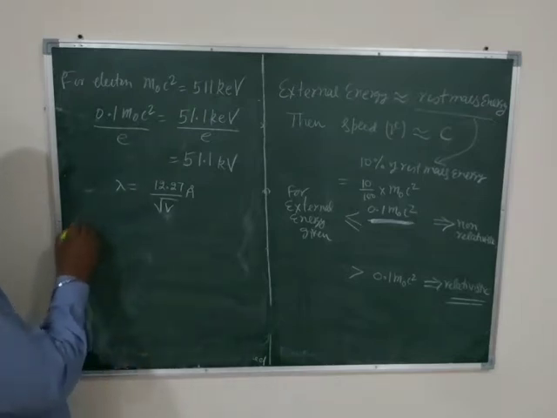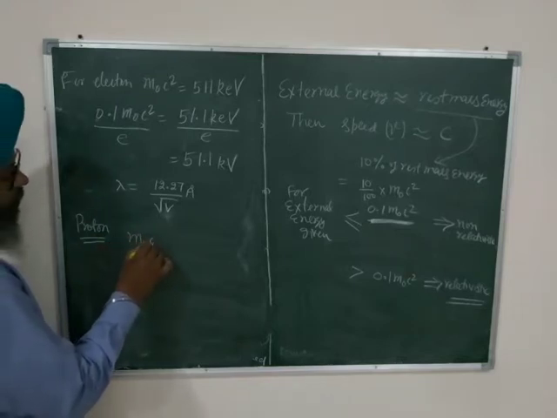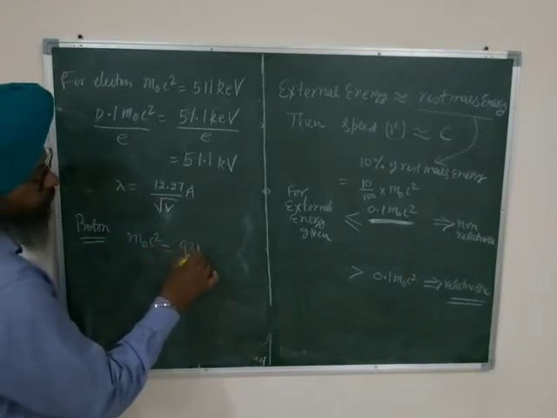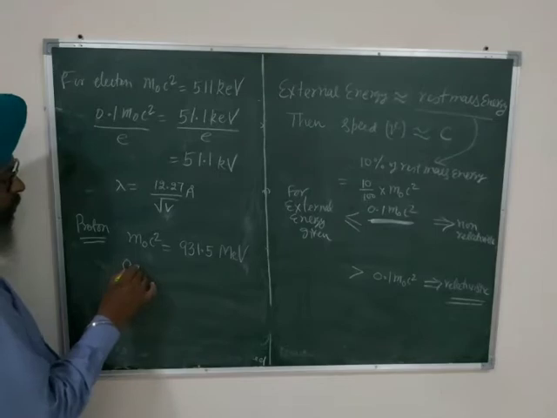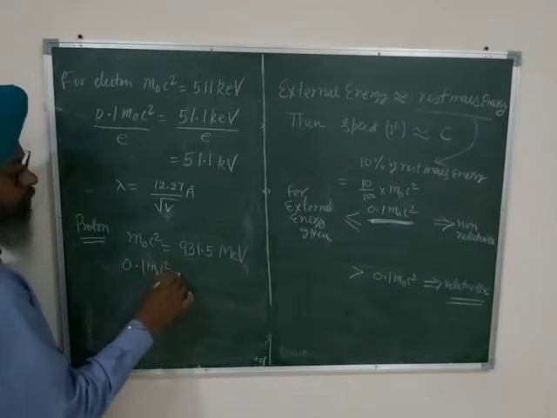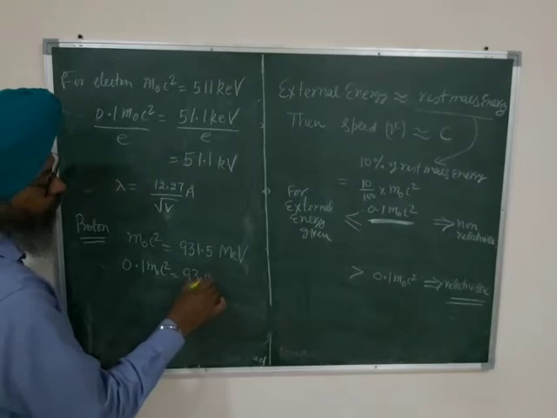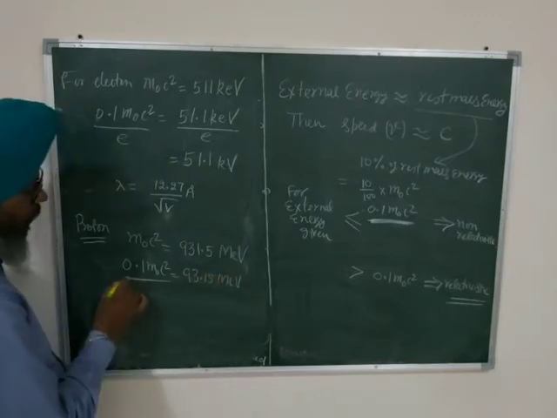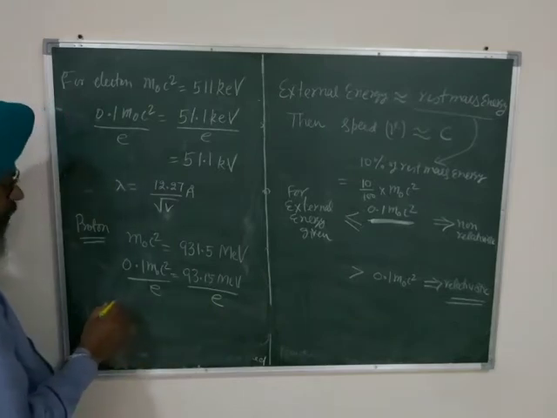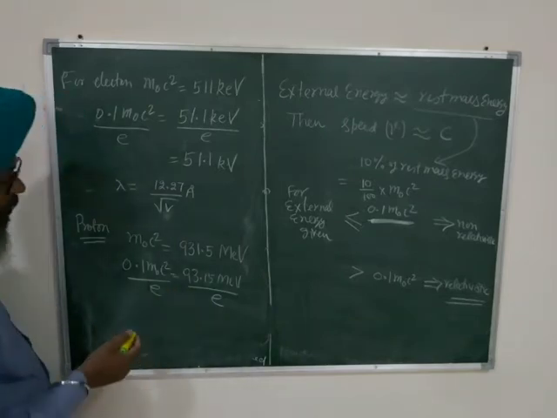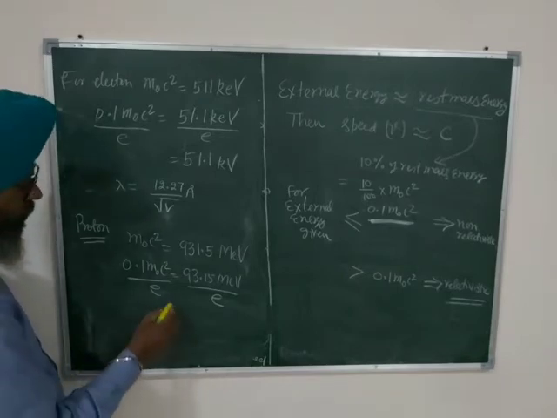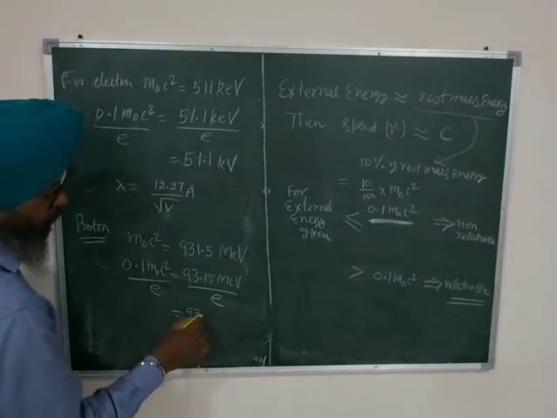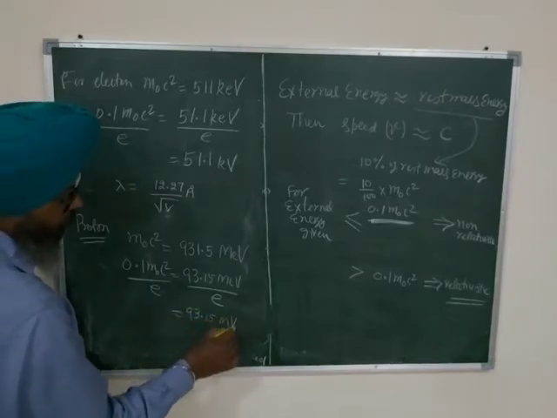Similarly, for a proton, the value of m naught c square, we all know that it is 931.5 mega electron volt. So 0.1 of this will become 93.15 mega electron volt. And if I divide both sides by e, then I will get the maximum potential which can be used as accelerating potential, up to which the case will be non-relativistic, and that will be 93.15 megavolt.